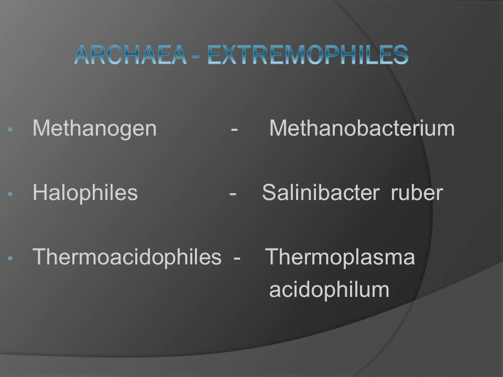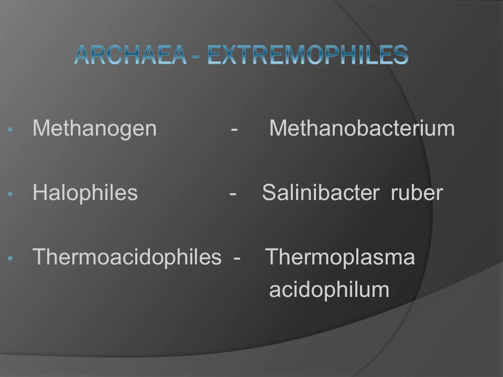The second one is halophiles. Halophiles are bacteria that can survive in highly concentrated salt water. Salinobacter ruber is one example for halophiles. The third one is thermoacidophiles.